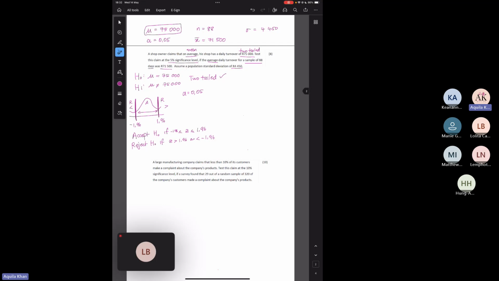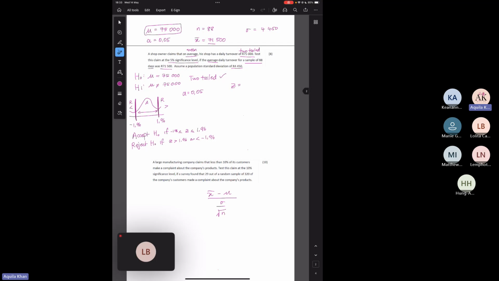Now that you're done with your regions of acceptance and rejection, we can now calculate in step 3 your Z statistic. So remember the formula is P minus pi over the root of pi multiplied by 1 minus, oh sorry, I'm using the wrong formula. This is the proportion one. For the mean, it is just x bar minus mu over the standard deviation over the root of n.